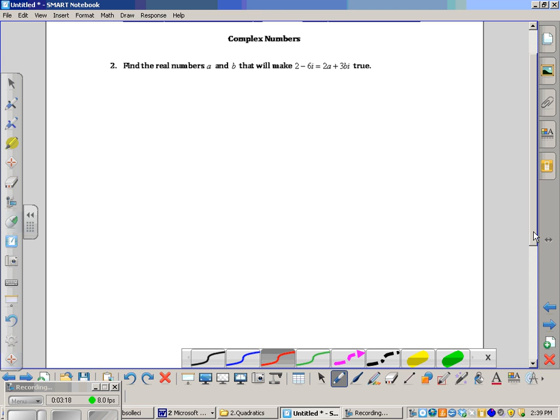The next one: find all real numbers a and b that will make 2 minus 6i equal to 2a plus 3bi true. So the real number parts are going to be equal, and the imaginary parts too.